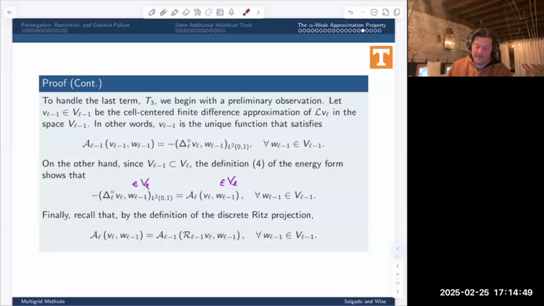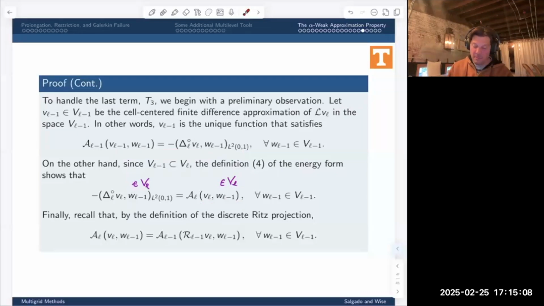So this is equal to that by the definition 4 of our energy form AL. All right, so we can take this object here that appears on the left-hand side of this equation, and we can replace it by that equation.